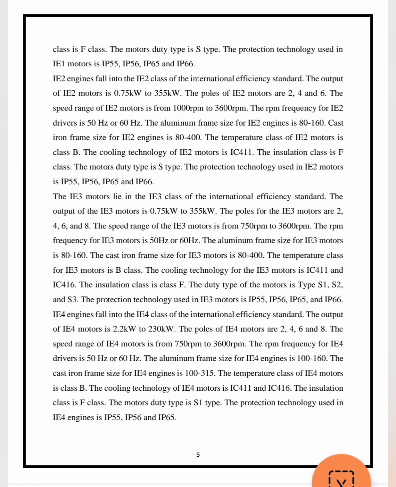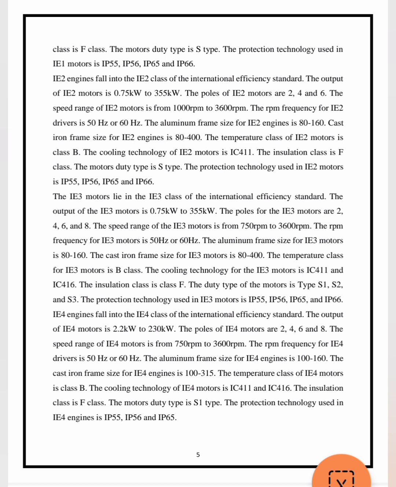The protection technology used in IE3 motor is IP55, IP56, IP65 and IP66. Insulation class is also class F. Duty type of motor is type S1, S2 and S3. It means it has the standard efficiency, high efficiency and its own efficiency, meaning premium efficiency.